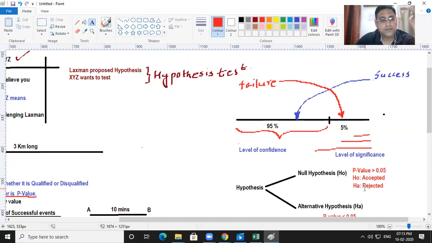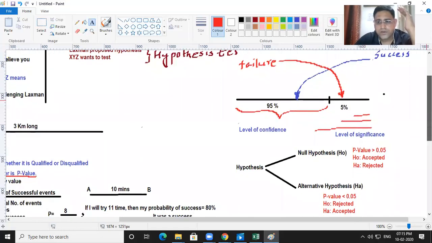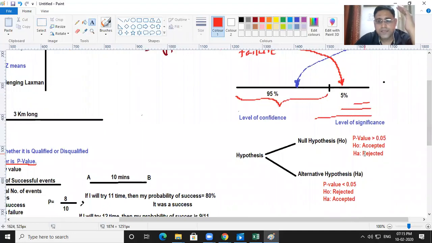And what I said, that I'm going to test you, I don't believe you, so my alternative hypothesis, which I called HA, got rejected. Simple. Getting it or not?